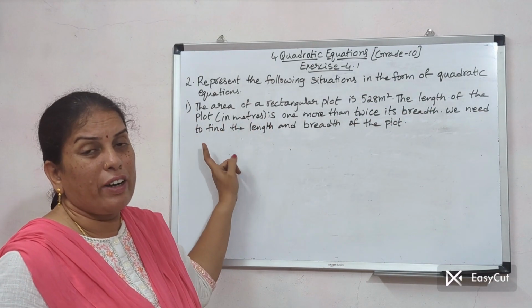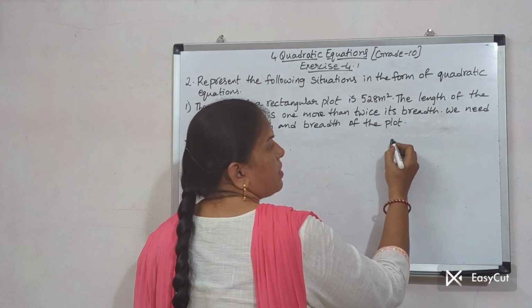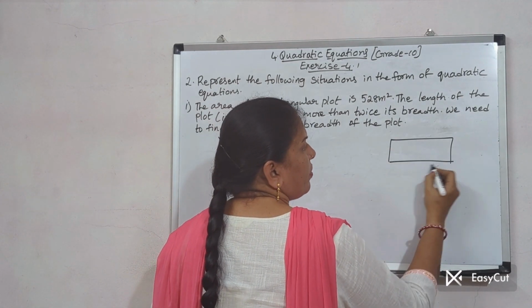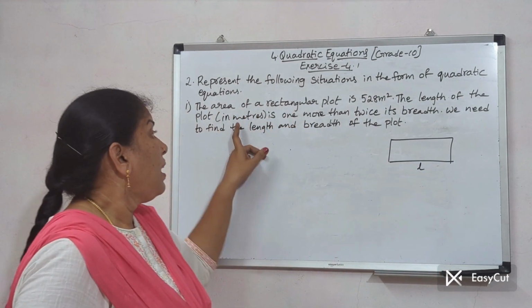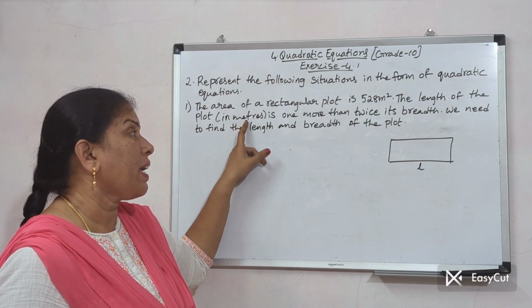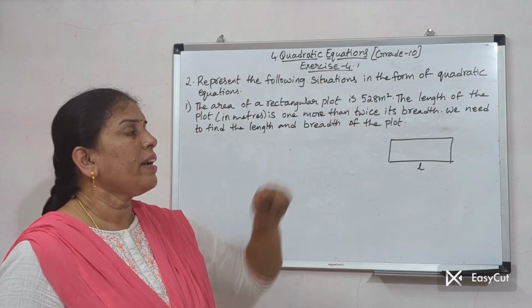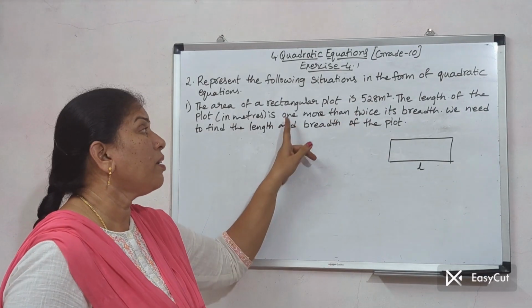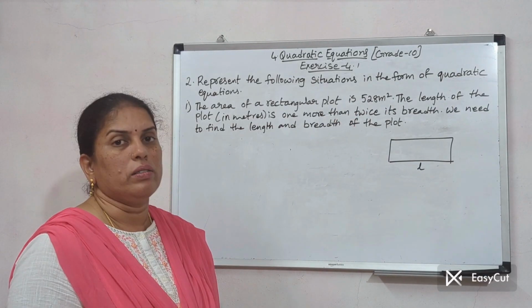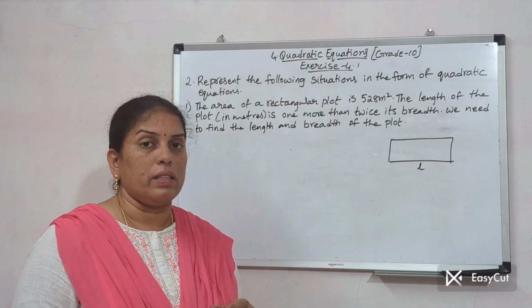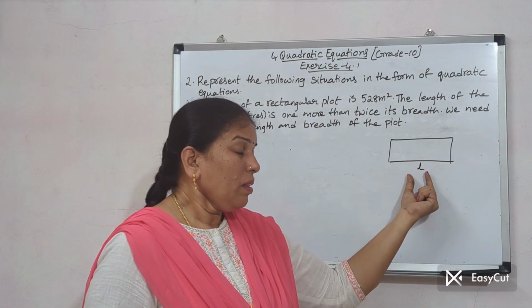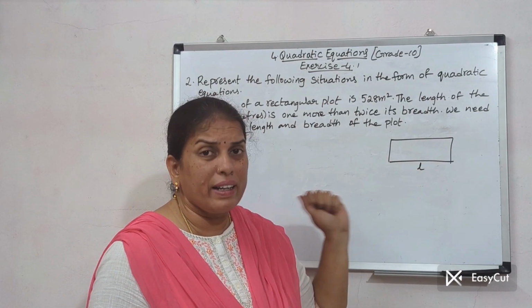The length. I told you now, no? Plot. This is the rectangle shape. The length. This is the length. The length of the plot in meters, they gave, is one more than twice its breadth. One more, one extra. Then twice its breadth. They have not given the length directly.